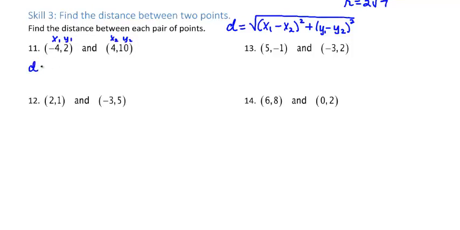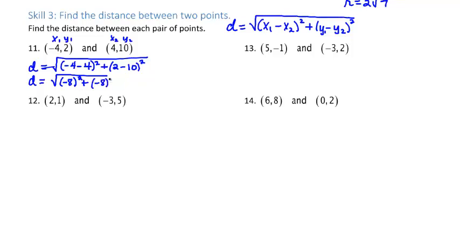So here we have distance would be equal to the square root of negative 4 minus 4 squared plus 2 minus 10 squared. So our distance is simplified to be negative 8 squared plus a negative 8 squared.